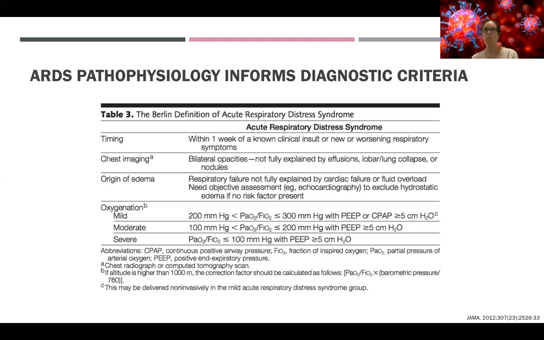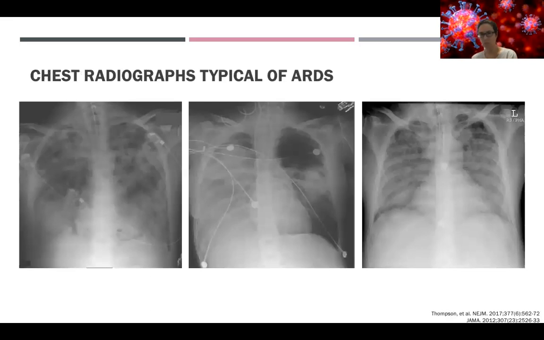We categorize patients in their severity according to the P to F ratio. Dividing the PaO2 by the FiO2 as a decimal will give you the P to F ratio, which is a marker of severity. I wanted to highlight here that these are all chest radiographs that would be considered typical for ARDS. They don't all look quite the same.